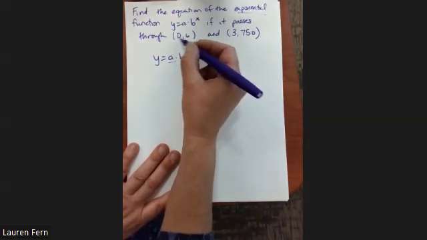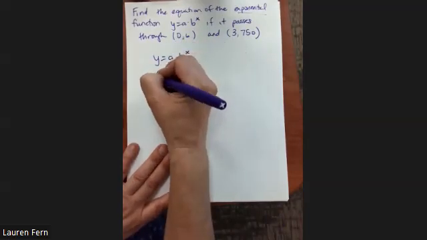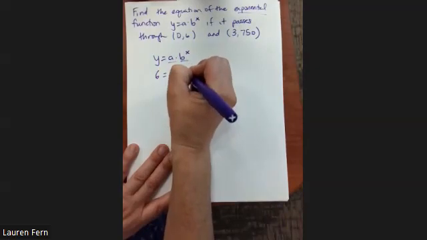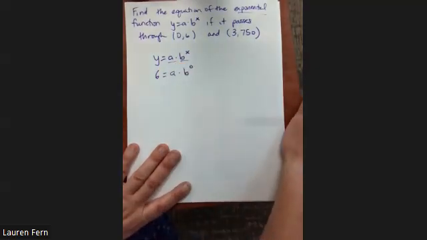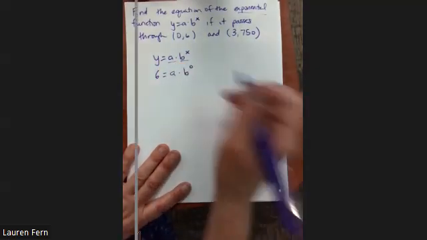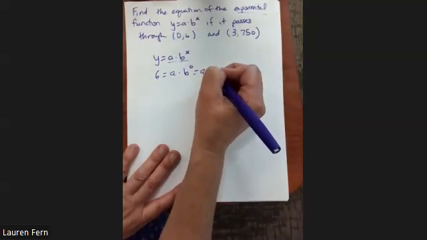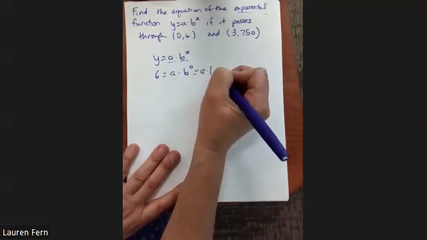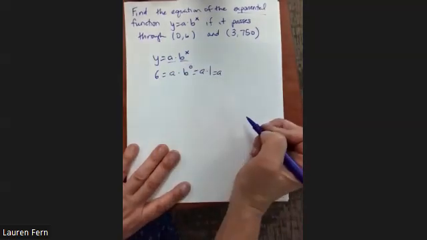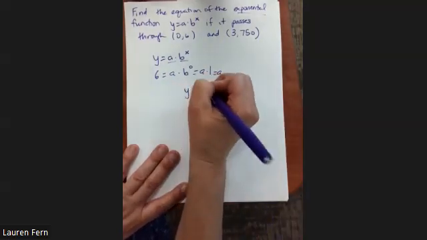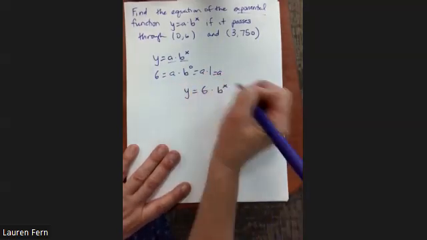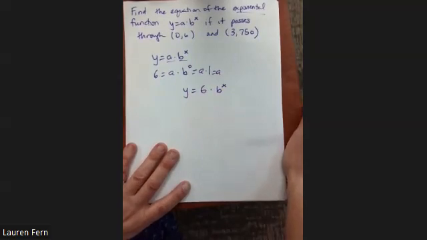Do you agree if I plugged in this ordered pair, I'd have 6 is equal to a times b to the 0 power? And what's anything raised to the 0 power? 1. So don't we get a to be 6? So already I know I have 6 times b to the x power.